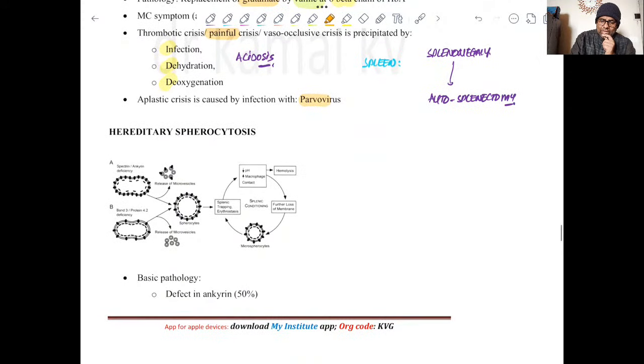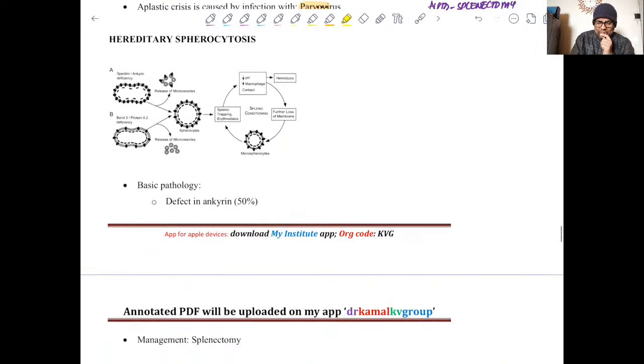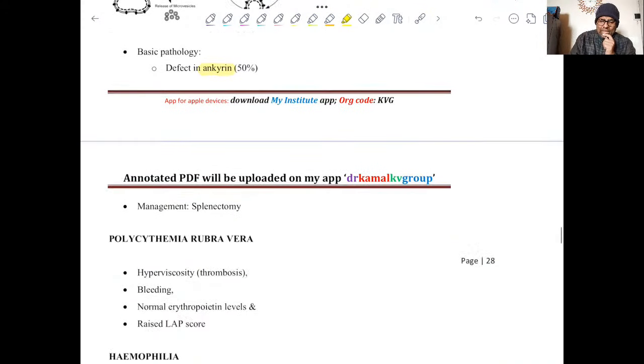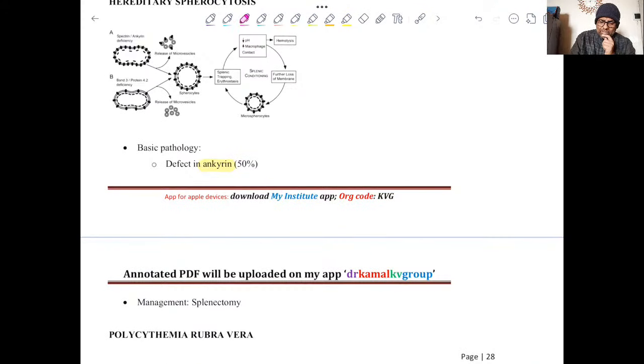Then hereditary spherocytosis, this is an RBC membrane defect, especially because of ankyrin, and since these RBCs become spherical, they cannot pass through the splenic sinusoids, and here they become hemolyzed. So what is happening?